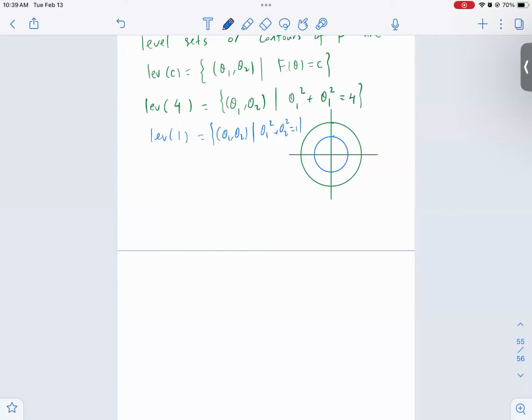Is there a way to prove it? In this case, the gradient of f is 2 times theta 1, theta 2, and you can see that in terms of direction, it's pointing along 45 degrees everywhere that you are, and matches the direction.